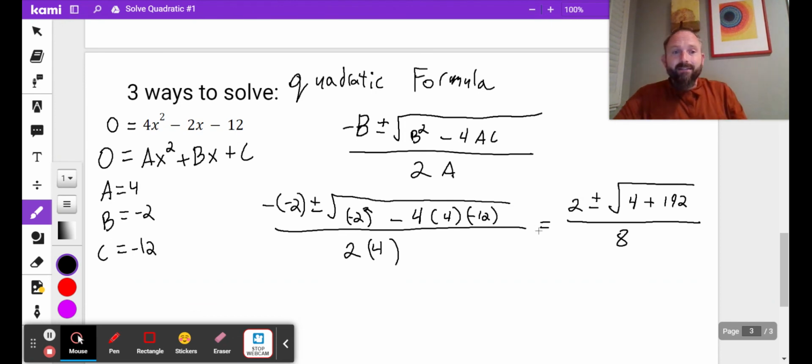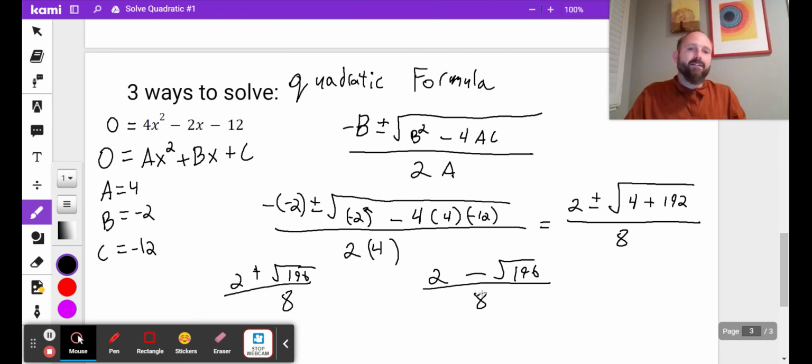I can simplify this, but why bother? I'm going to do 4 plus 192 and get 196. So I'm going to do 2 plus the square root of 196 divided by 8, and 2 minus the square root of 196 divided by 8.